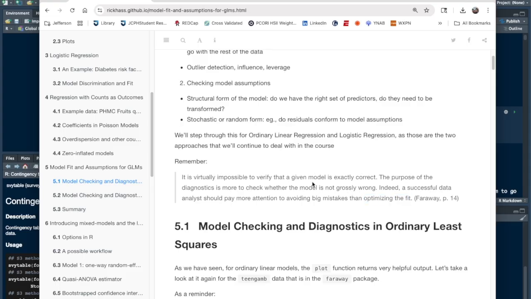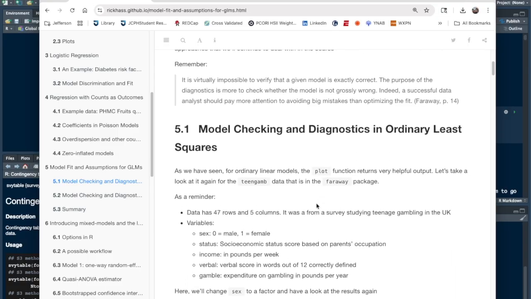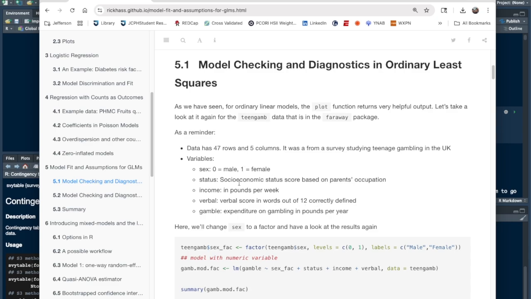It means that we've somehow modeled the little idiosyncrasies that are in our data set, but once we look at a different sample, those things might not hold. So we try to balance between wanting our model to fit enough to be useful, but not to be overfit so that it doesn't generalize. All right, so first we'll look at ordinary least squares.